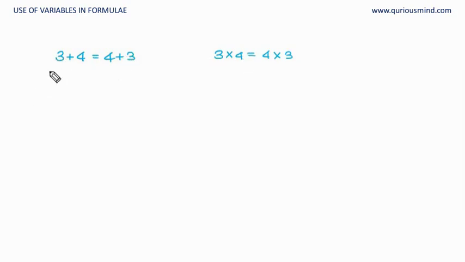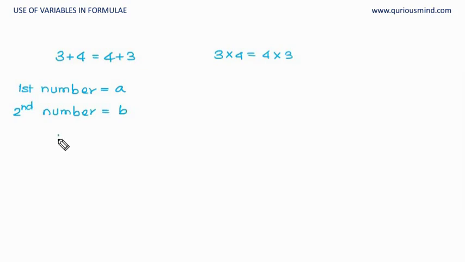So now, does it mean that always here it has to be 3 and here it has to be 4? No, it can be any number. Here, any number here. So we will denote these numbers with letters. We'll call the first number as A and second number as B. So now if we replace these here, this is the first number, this is the second number.